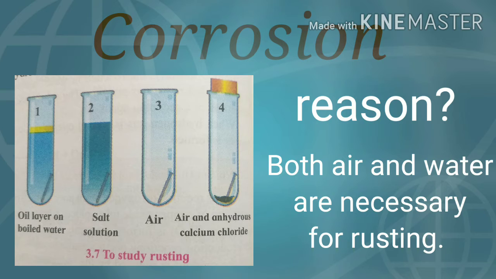In the 4th test tube, the anhydrous calcium chloride absorbs moisture which is present in the test tube, because of which the test tube remains dry. So, in test tube 1 and test tube 4, as air from outside cannot mix with the nail, the metal does not react and it does not rust. But in the second and third test tube, the nails come in contact with air and moisture and get rusted.